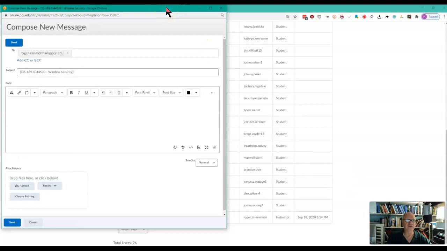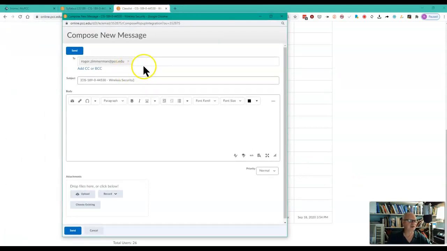Now, the reason I ask you to do that rather than just typing my email address is because of this. The subject gives me what class you're in and what topic we're talking about. It's not uncommon for students to email me and not have this information. And I have 3 different classes going.